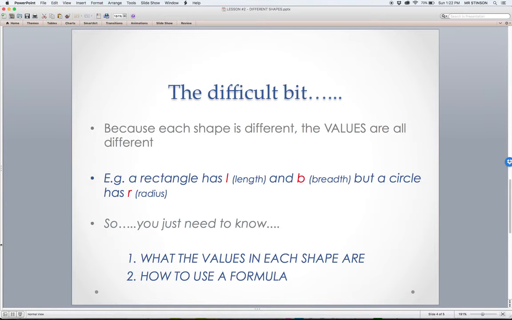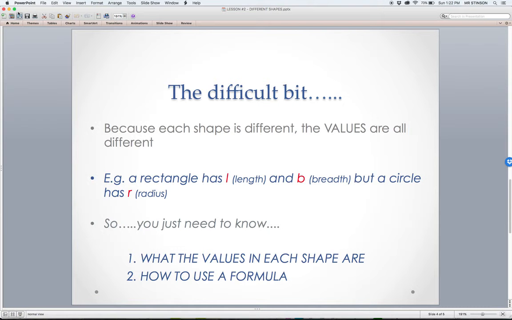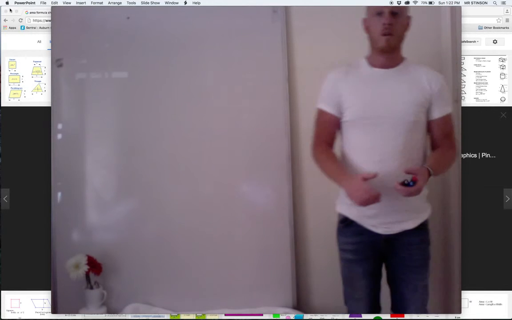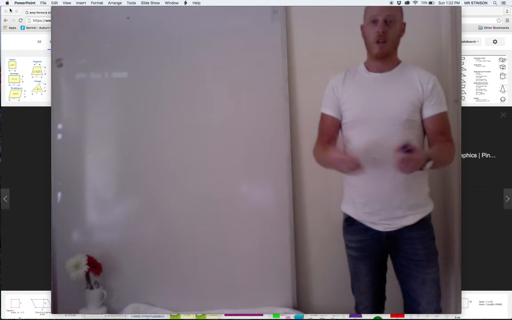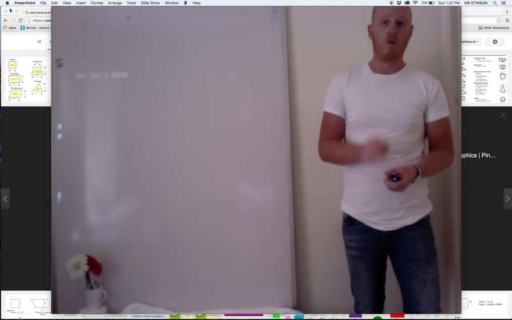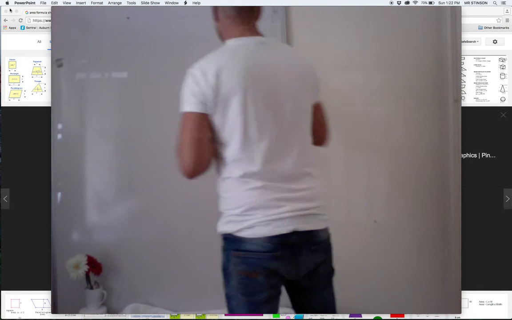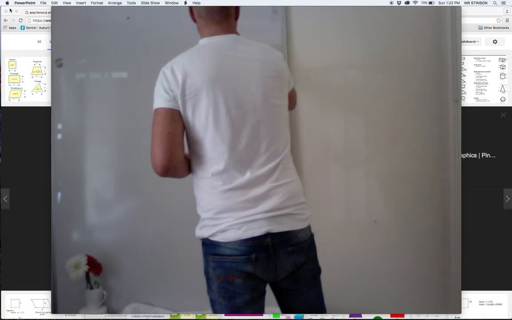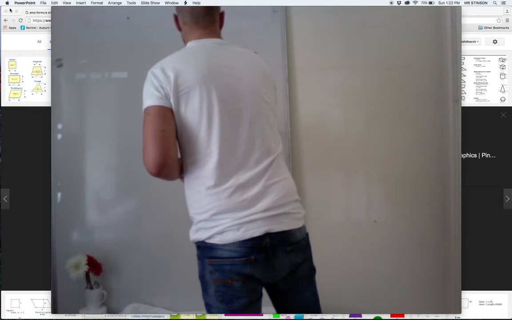So, we're going to do a couple of examples on the board now. Let's just minimize this. As I said, each shape and the area for each shape has a different formula. So let's look at the square. I'm going to write the actual formula underneath the square.